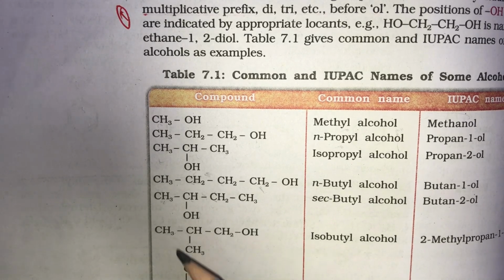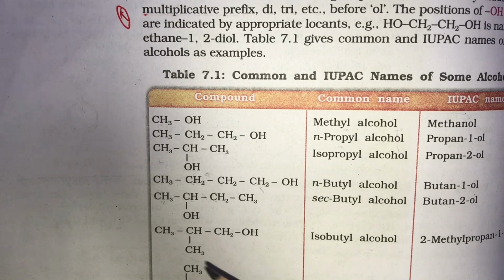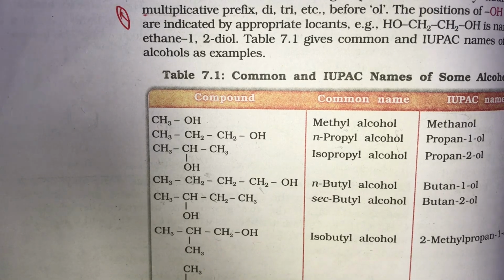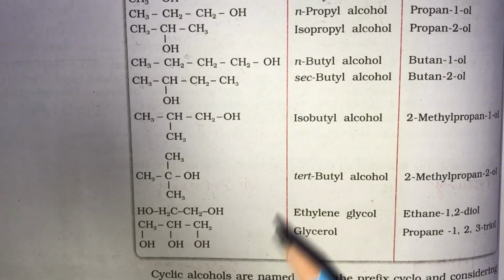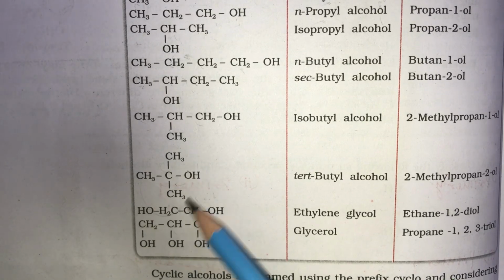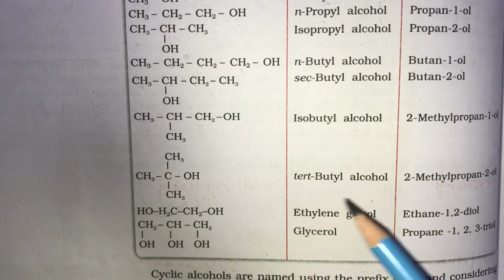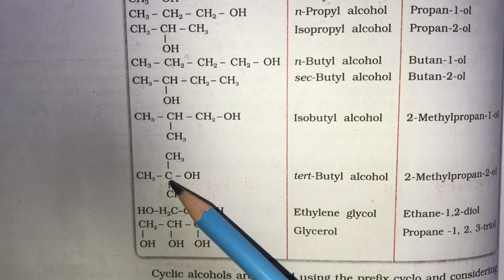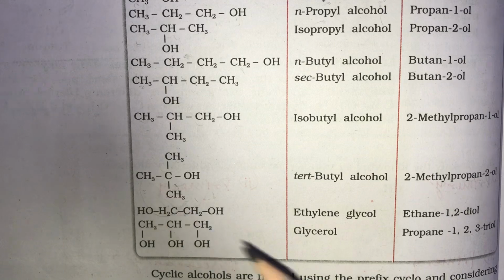Next one is 1, 2, 3, 4, four carbon atoms with OH, an isomer of butyl alcohol, so isobutyl alcohol, or 2-methyl-1-propanol. Tertiary butyl alcohol: the OH group is attached to a carbon atom to which three methyl groups are present, so tertiary butyl alcohol. Otherwise 2-methyl-2-propanol or tertiary butyl alcohol.